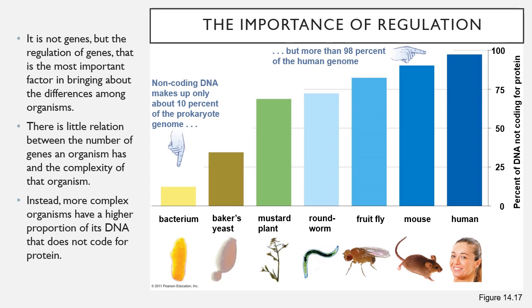So when you can regulate and mix up how your DNA is read, you can get some really different combinations and very complex organisms. Very simple organisms, most of their DNA is going to code for a protein, and it's almost always going to be read in that same order because it's not being regulated as much.